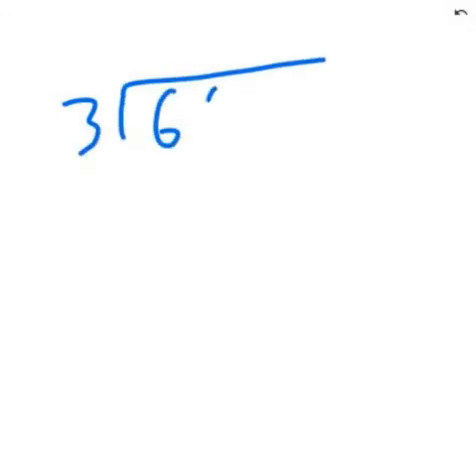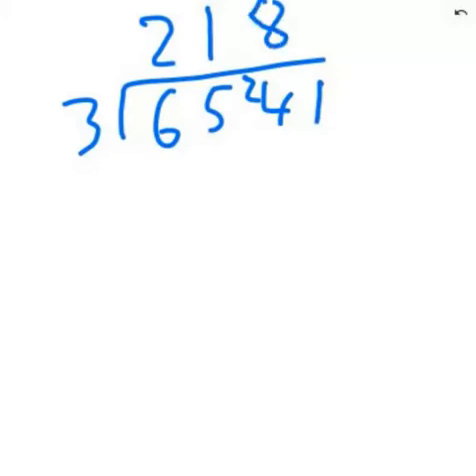So let's try, let's say 3, how many times does 3 go into 6, 5, 4, 1? 3 into 6, twice. 3 into 5, 1, remainder 2. 3 into 24, exactly 8. 3 into 1, aha, now it doesn't fit.